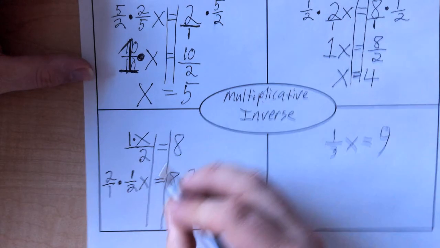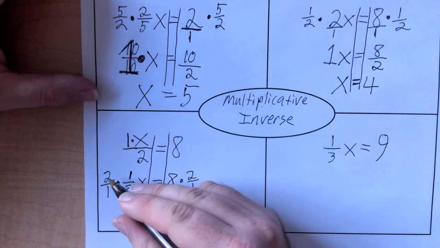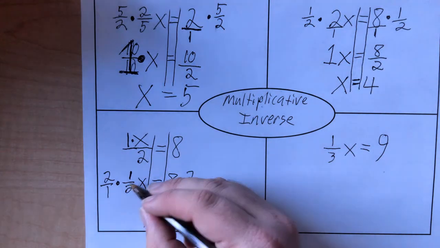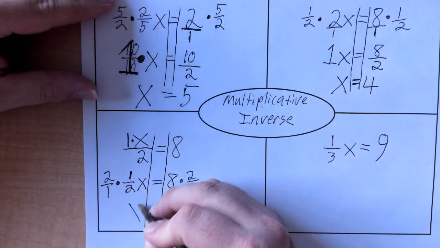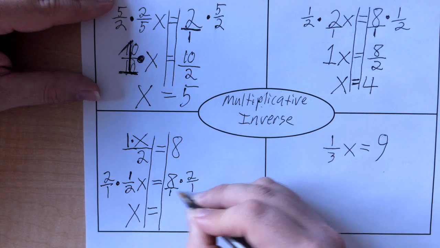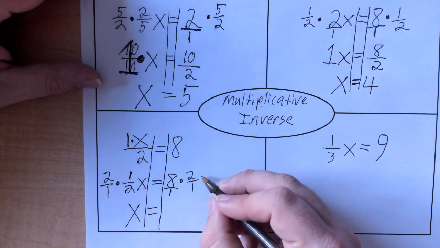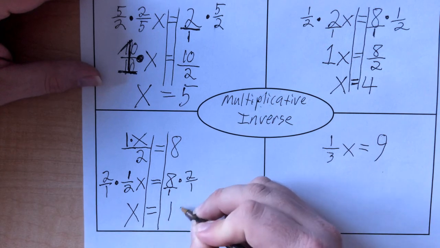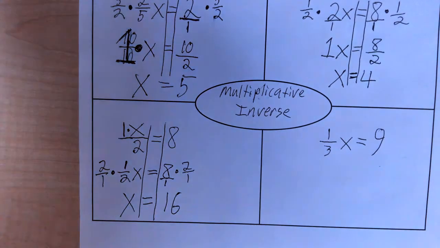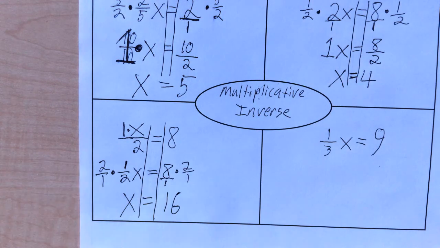Right? So 2 over 1 times the 1/2, that's just a 1. Right? Multiplying x by 1 doesn't change the value. You just have x. And our denominators here are just 1. We're multiplying across, 8 times 2. I'm just going to write 16. I could write 16 over 1, which is the same thing as 16.